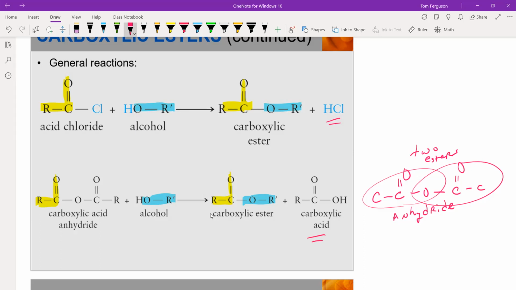So when this side reacts, it loses the right side, and the left side reacts with the alcohol, like the original acid. It kicks this piece off here, and that piece is going to be the exact same acid as the other side. So if we started with an ethanoic acid here, we're going to end up generating an ethanoic acid there.